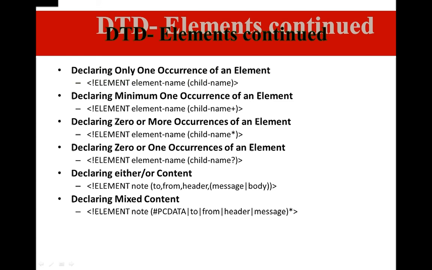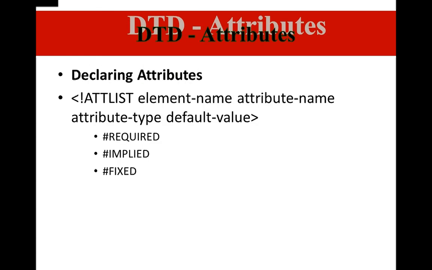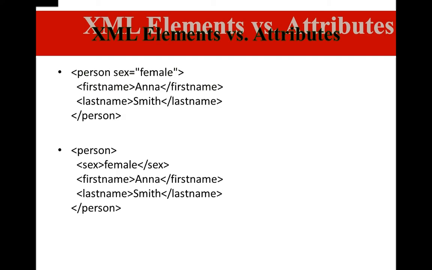Okay, this is how we usually define the elements of an XML document, and of course we have seen how to define the attributes. And coming to elements and attributes, here I have given a small example. Attributes are defined within the element, correct?